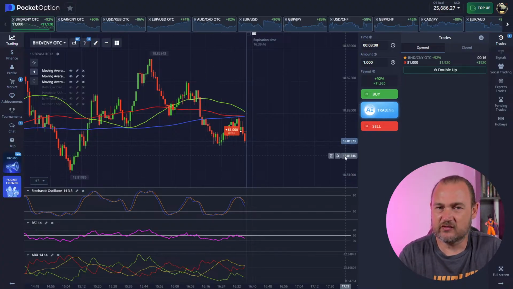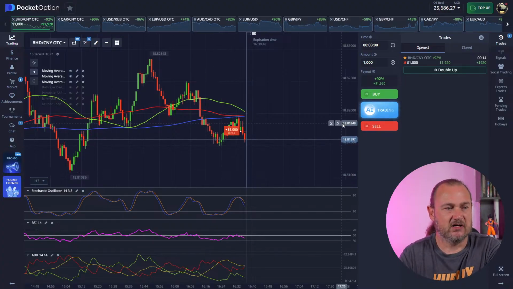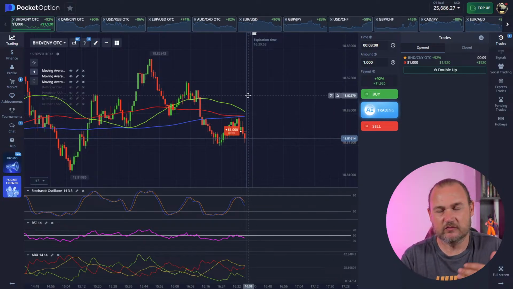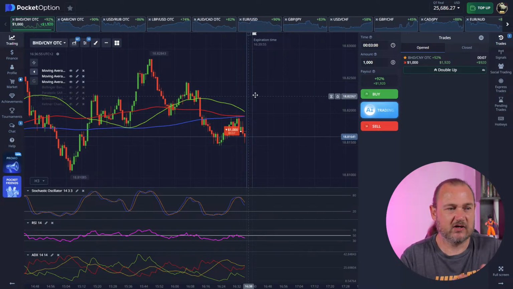I'm just going through assets when I'm trading. When I sit down and I'm trading, I just go through a bunch of assets for a while, take a break, come back and just carry on.